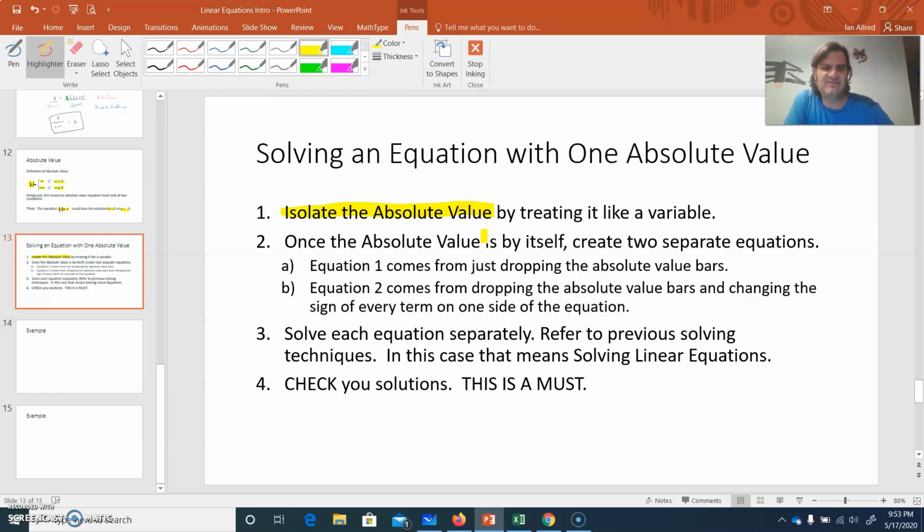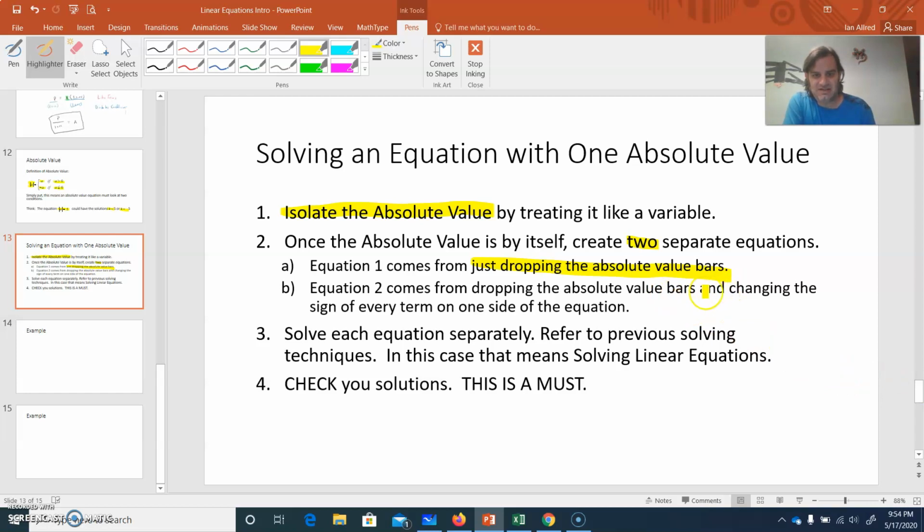Now once you have the absolute value by itself, you're going to look at those two conditions, and you're going to separate it into two different equations. Equation 1 comes from just dropping the absolute value bars. That's where you assume that what's in there is positive. Okay.